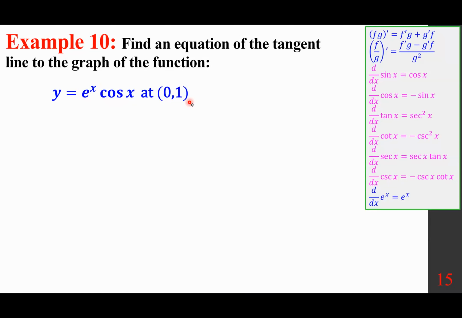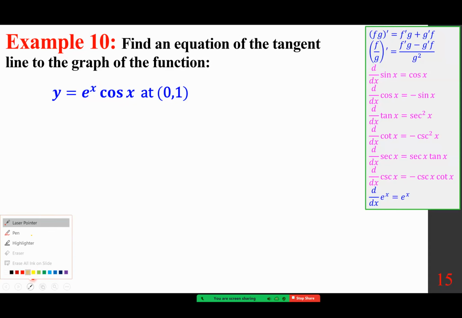And we notice it's the product of e to the power of x and cosine x. So I'm going to put a raised dot here, and therefore I'm going to use the product rule. All right, remember the derivative of e to the power of x is itself.